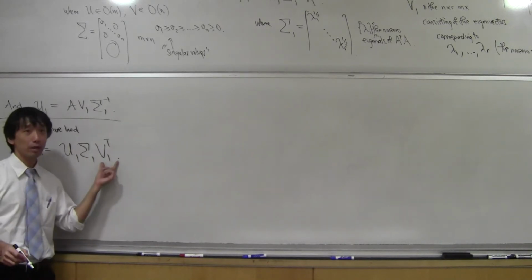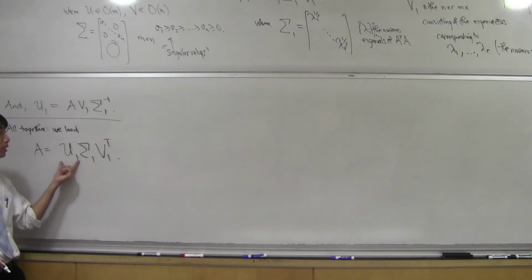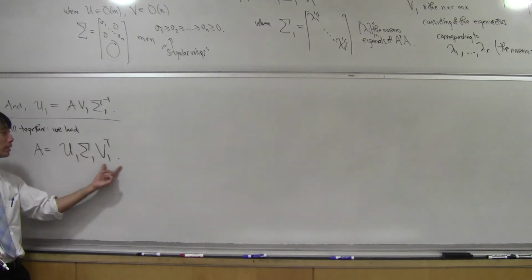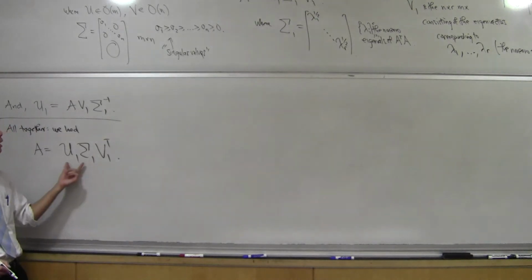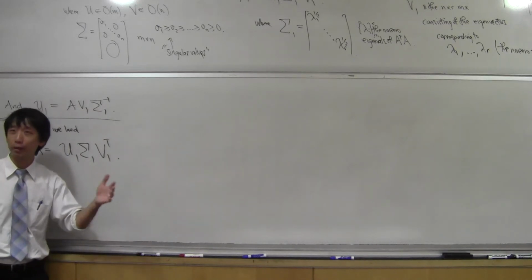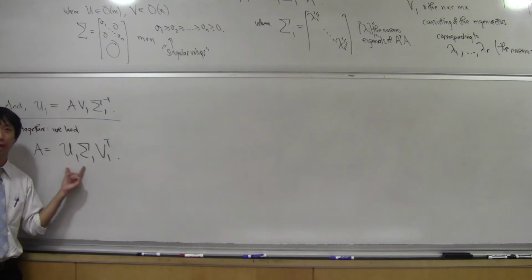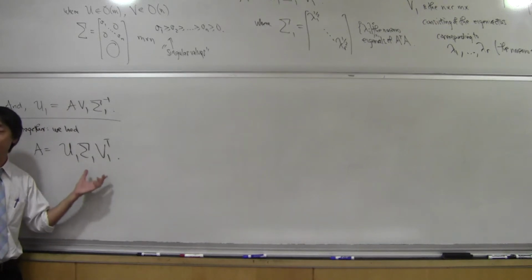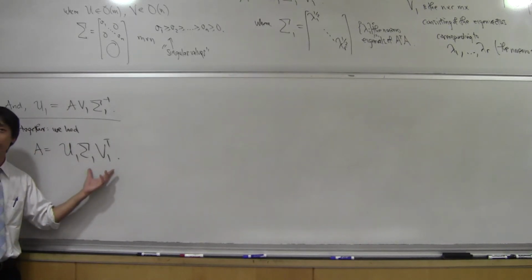These are not square matrices. We want square orthogonal matrices on both sides. We don't have them yet. We've got something pretty good, but it's not complete.